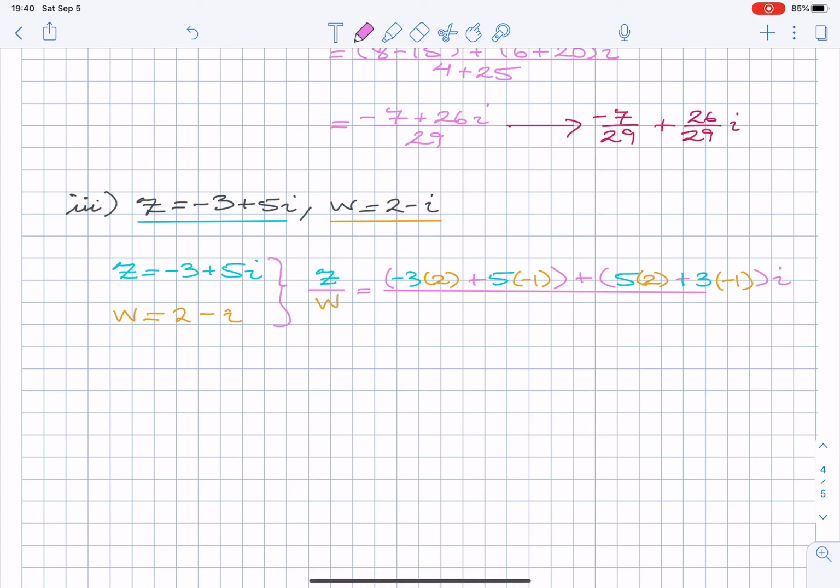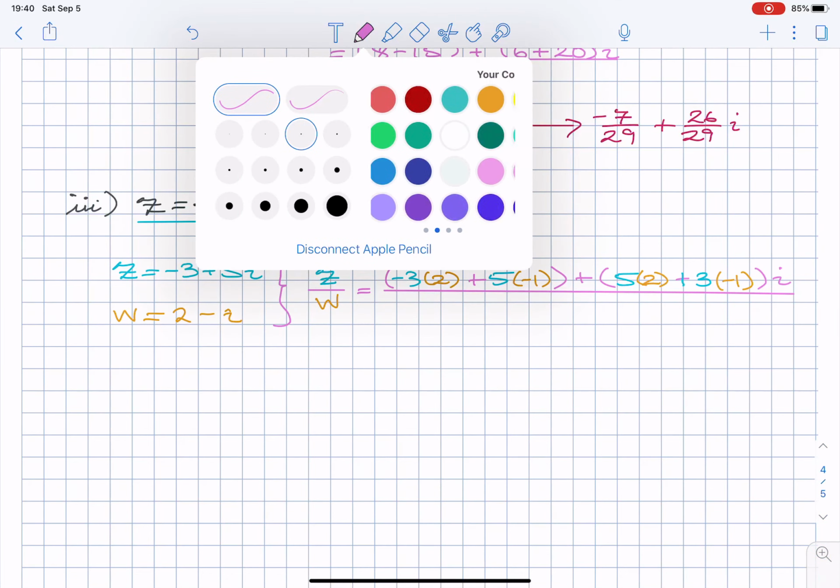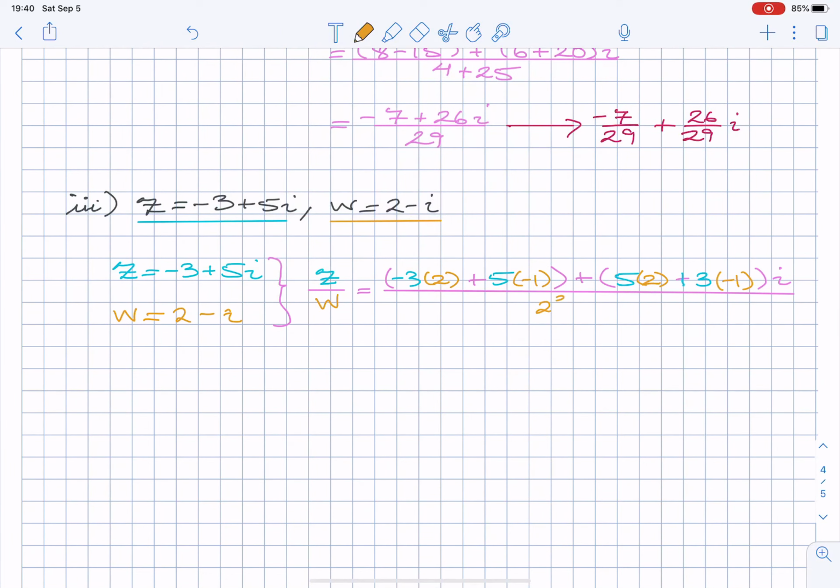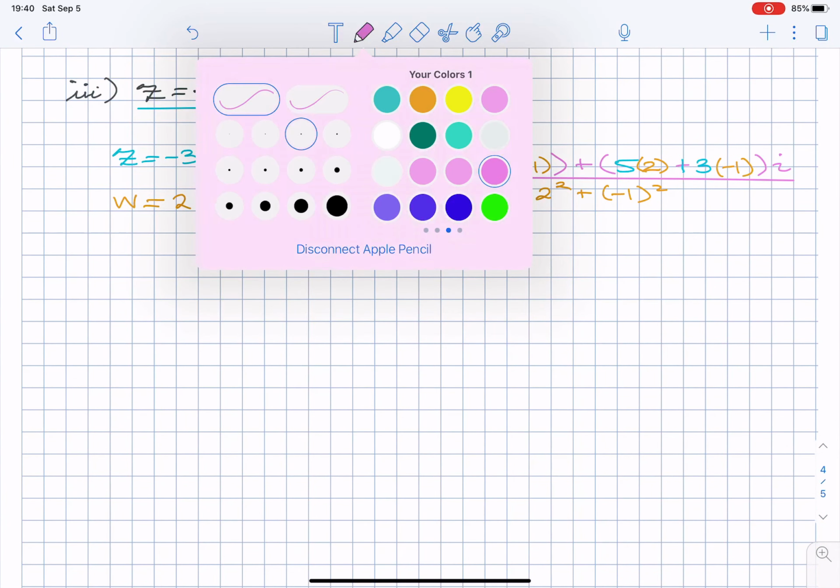And that's all times I. Let me draw that parenthetical a bit better. Okay, and then of course we'll have 2 squared plus a quantity negative 1 squared. It's always going to be positive. 2 pluses regardless in the denominator.